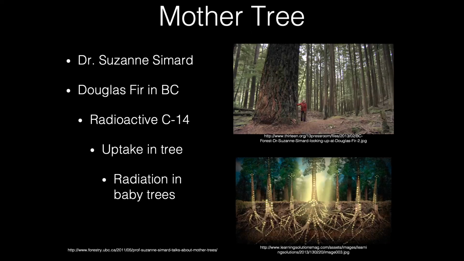Here, Dr. Susan Simard, up in the Douglas fir forest in British Columbia, was doing research with ectomycorrhizal species. And what she found is sometimes trees that you would not expect to survive and be very healthy were doing better than they expected.